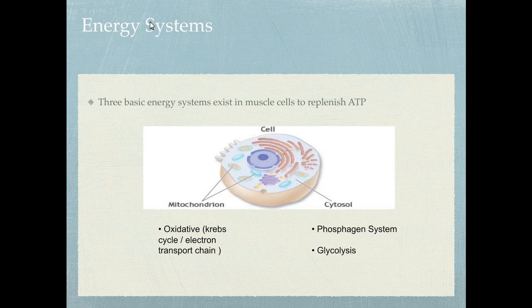So we have 3 basic energy systems that exist in our muscle cells to replenish ATP. These include the short-term phosphagen system, which is our most explosive system, the glycolytic system, or glycolysis, which uses carbohydrates, and the oxidative system, which, as the name suggests, requires oxygen.